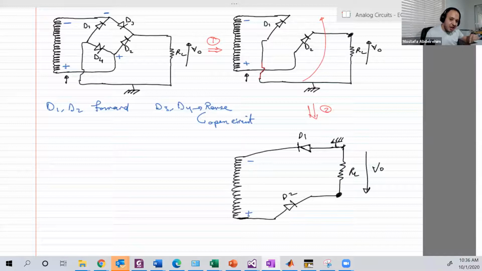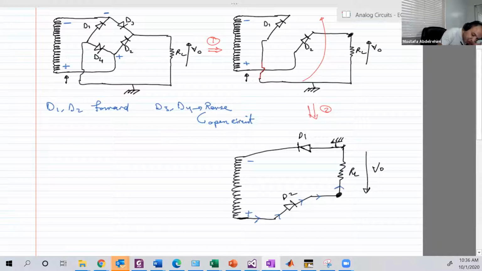Now let's check how the current will flow in that circuit. The current always flows from the positive terminal of the battery to the negative terminal of the battery. So we start from here. And before continuing, this is a very valid direction of the current through a diode from P to N. So we are good.